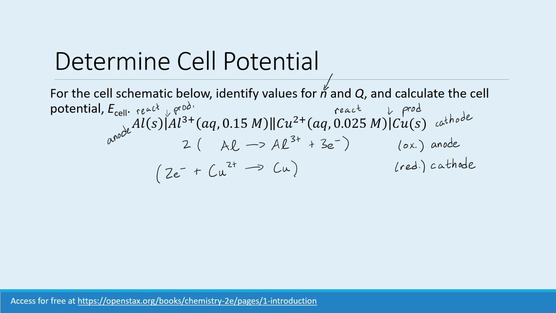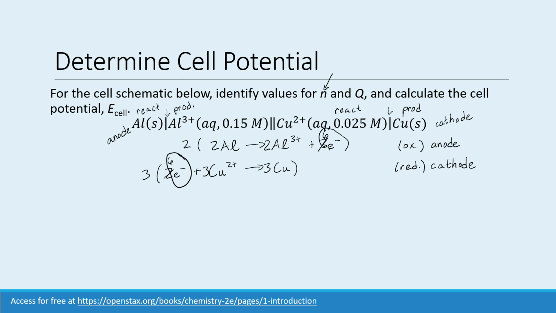And so that top reaction we're going to have to multiply by 2, and then the bottom reaction multiply by 3. And so rewriting the coefficients for each of these, we get 2 aluminums, 2 aluminum 3+, and that gives us 6 electrons. And 6 electrons here, 3 copper 2+, and 3 coppers.